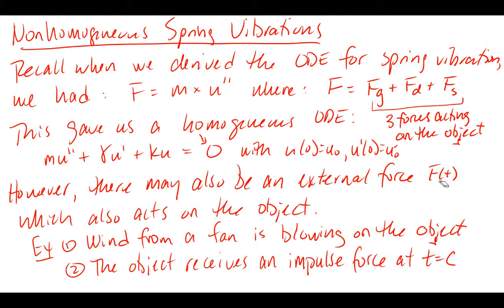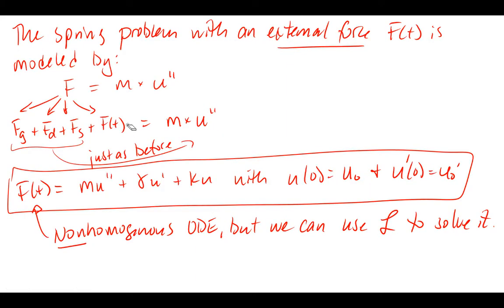In addition to the forces we talked about when we derived this model, we may have this additional external force, which is just a way of saying some other thing is acting on the object hanging on the end of the spring.